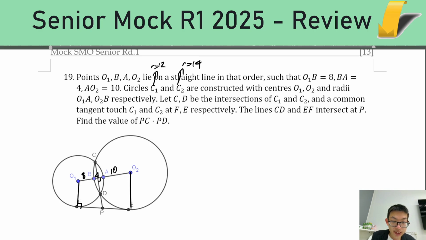There are lots of things you can say about this, therefore, including that PC times PD, because it's on the radical axis, by power of a point, you can say it's equal to PE squared, and you can say it's equal to PF squared, and you can say that, of course, PE equals to PF. So therefore, either one of those is enough.